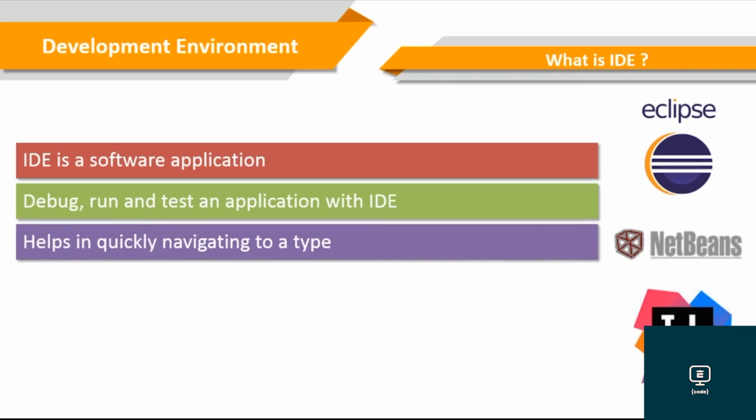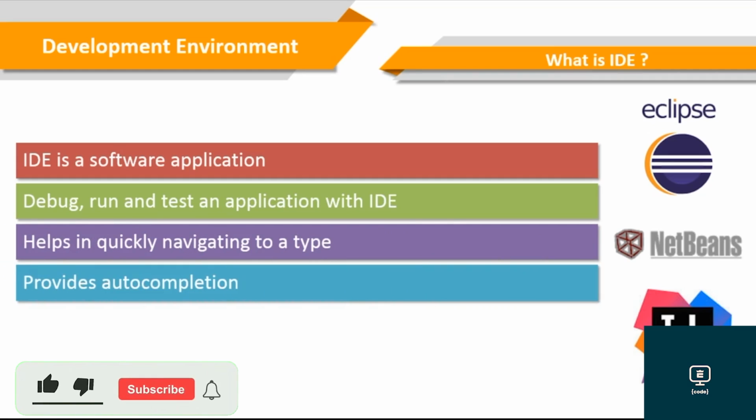IDE helps us in quickly navigating to a particular type without needing to worry about our projects. It also provides auto-completion. That means that whenever you type part of a function or class name and then press a shortcut combination, the rest of the name is automatically typed for you. So all these features are a great reason for you to prefer an IDE.